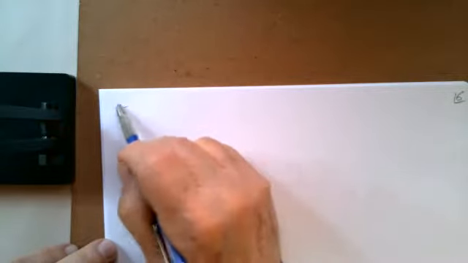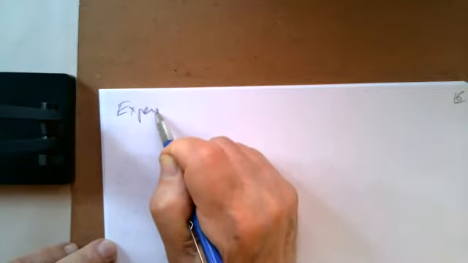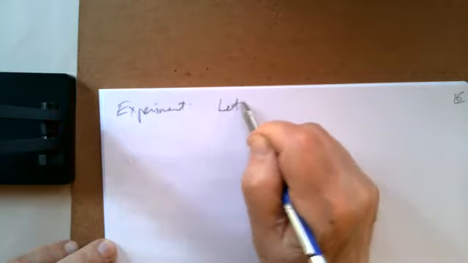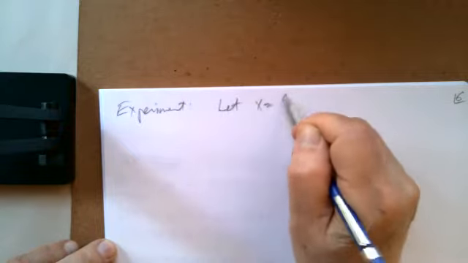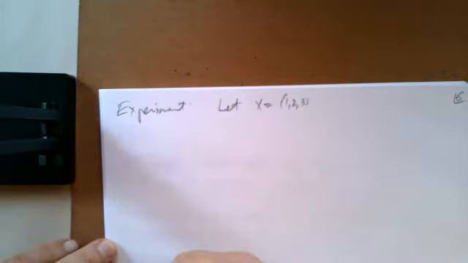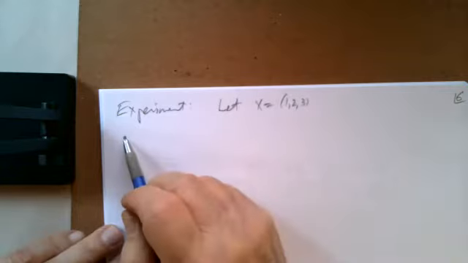So we'll do the following experiment. Suppose we let, for example, X be the 3-cycle (1 2 3). Let's see what happens.